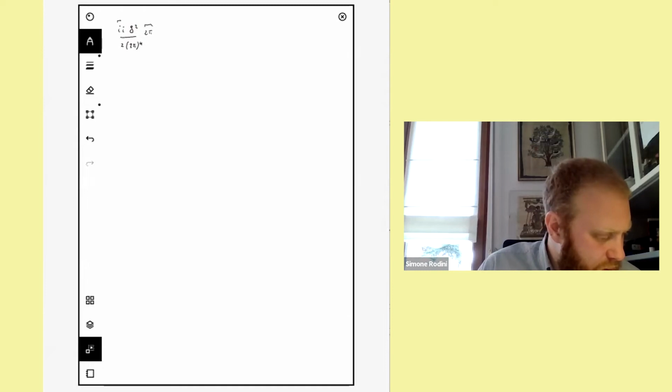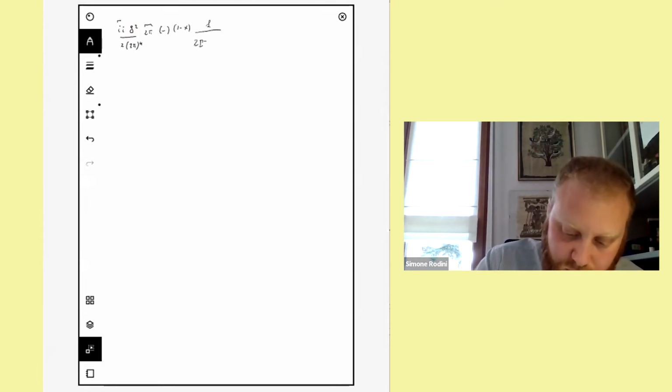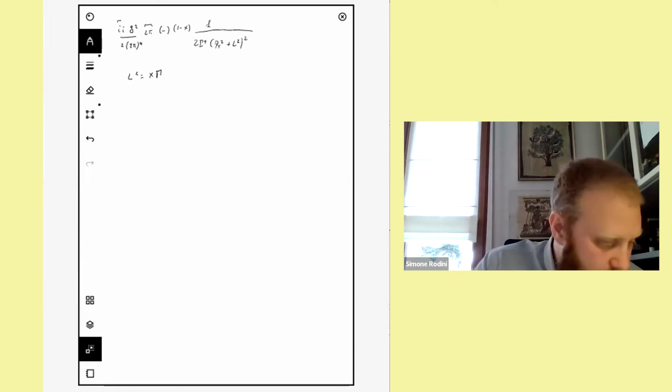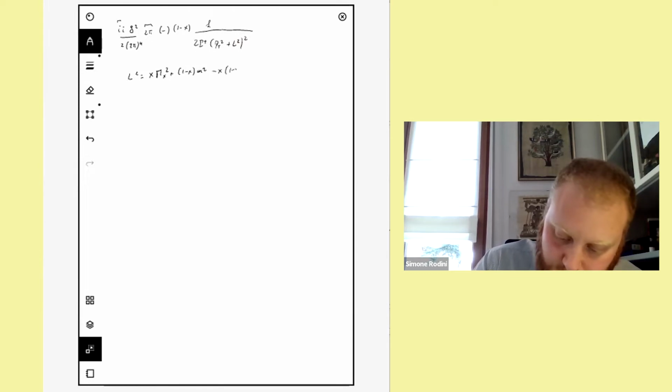Then you get, what did I say, the minus there? I do not really know, but there is an extra minus, sorry, I do not see it right now. 1 minus x, 1 over 2p plus times pt squared plus L squared, everything squared, where L squared is x m x squared plus 1 minus x m squared minus x 1 minus x p squared.